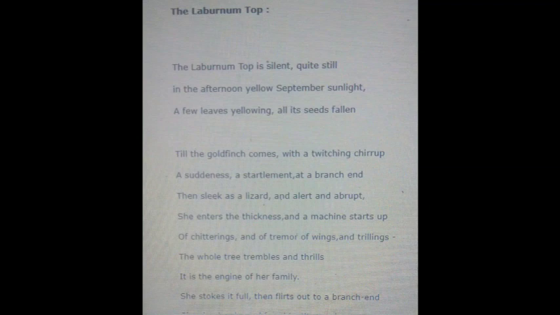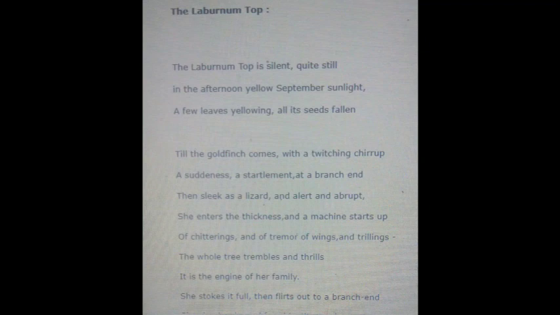Means, like any vehicle, any car, any bike. I'll give you examples. How do they start? They start with fuel. So for the young ones, the moment when this goldfinch bird comes there, it is like an engine.